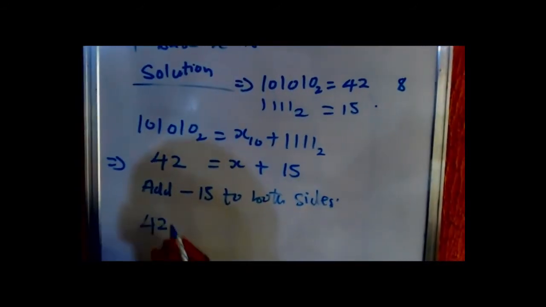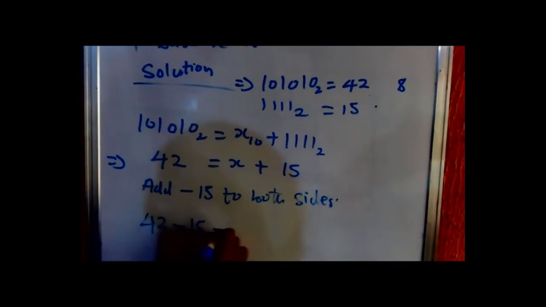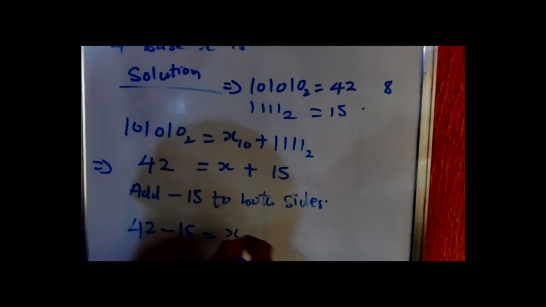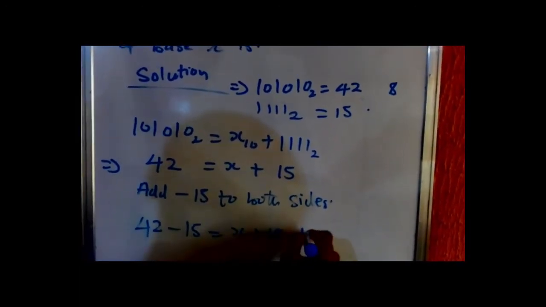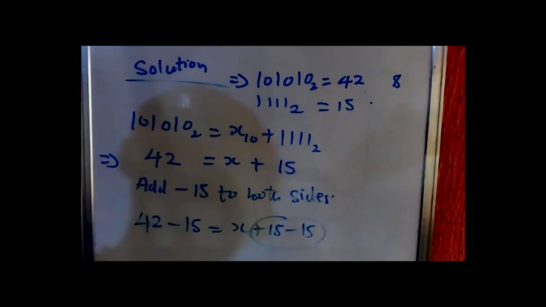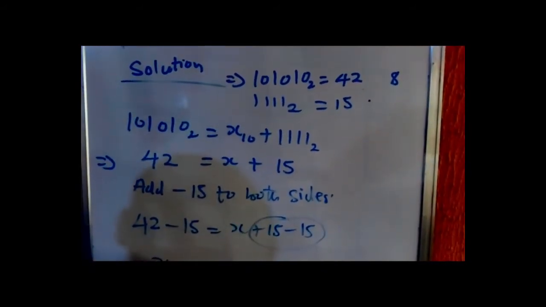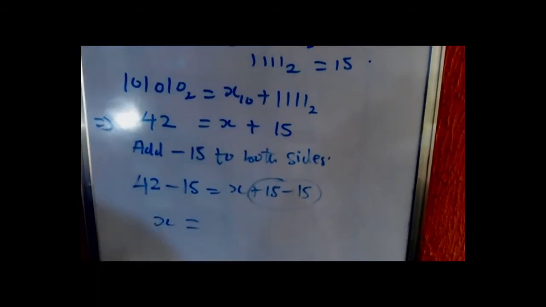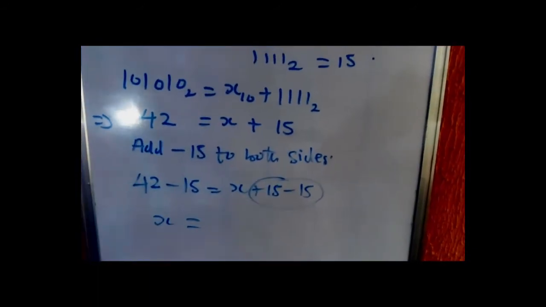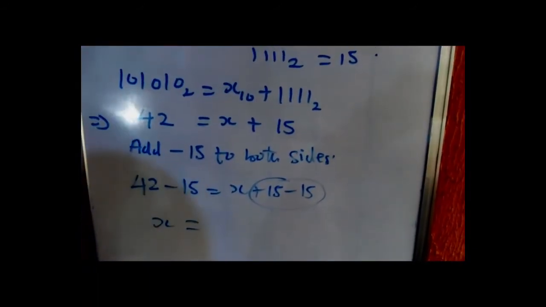So therefore 42 minus 15 equals x plus 15 minus 15, and apparently this one will give us 0. So x equals 42 minus 15, and 42 minus 15 gives me 27.